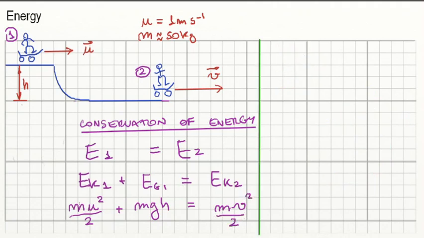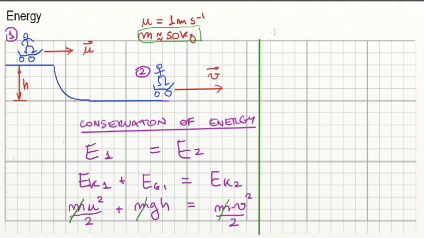So we can cross some things out here, mass, mass, and mass. So it seems that the speed here doesn't depend on the mass. It doesn't matter what the mass is. If this mass was 50 or if this mass was something else, our velocity would be the same. That's really interesting.